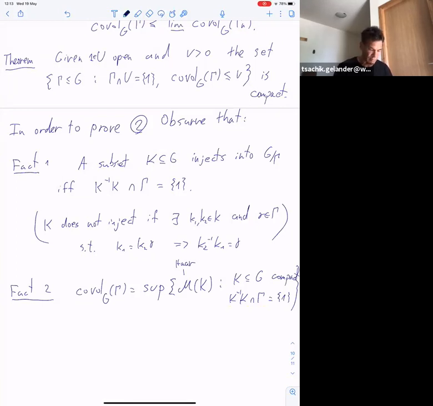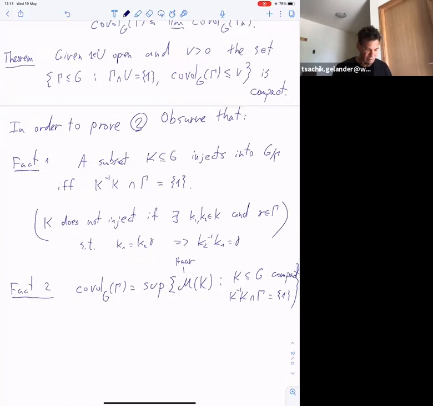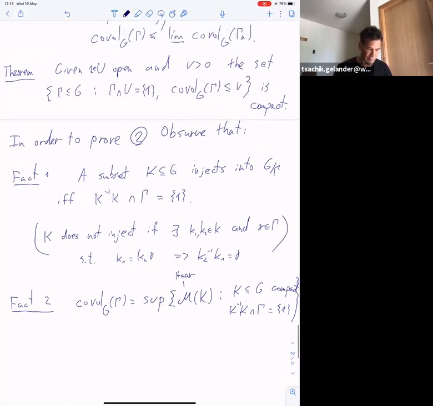So together with these two facts, you see that this implies the compactness criterion. Okay, proof of the compactness criterion of star.